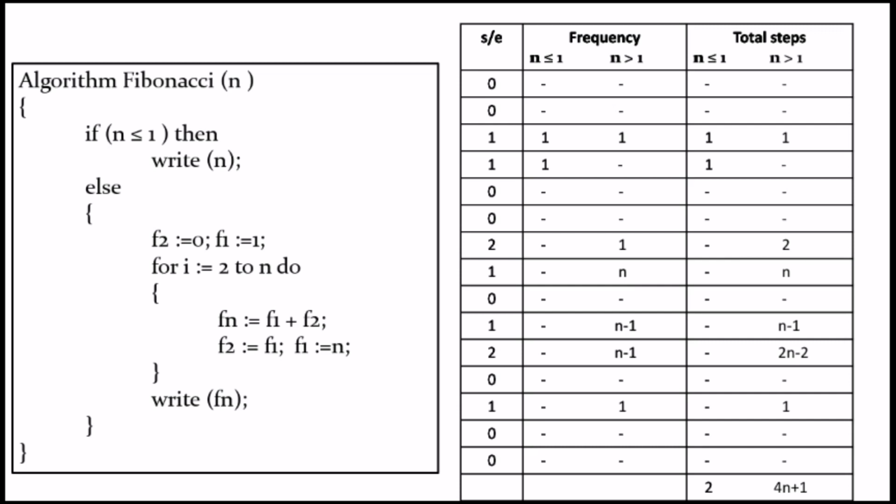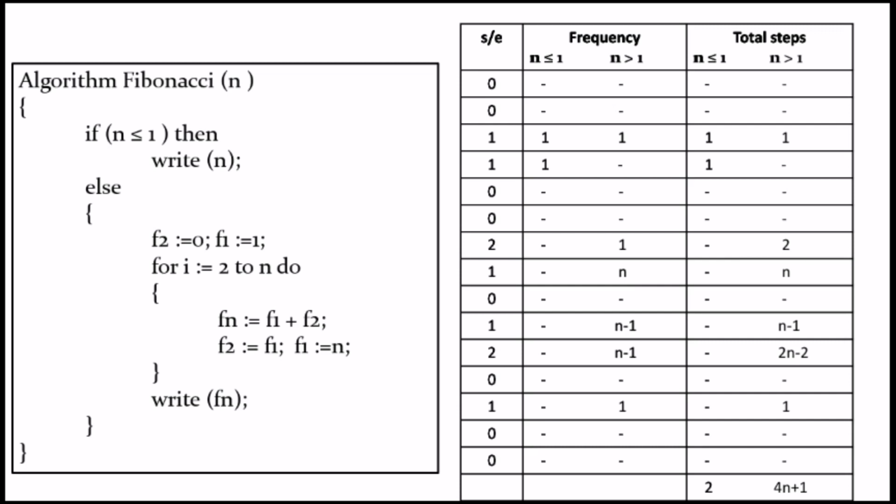So the third line, that is 1 into 1, will be 1. Next, 2 into 1, that is for f2 equal to 0 and f1 equal to 1. There are two statements and frequency is 1, so 2 into 1 will be 2. Next, the for loop will be executed n times, n minus 1 times for the true condition and 1 time for the false condition.